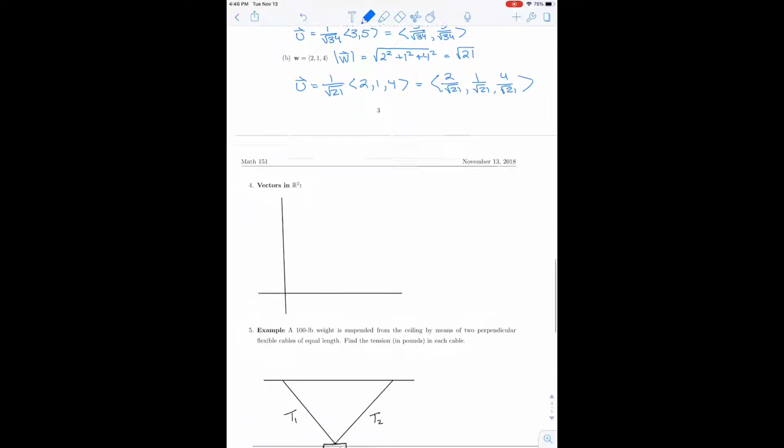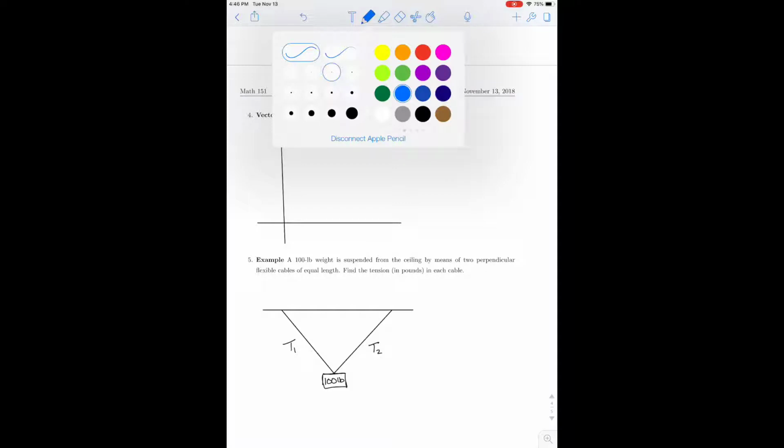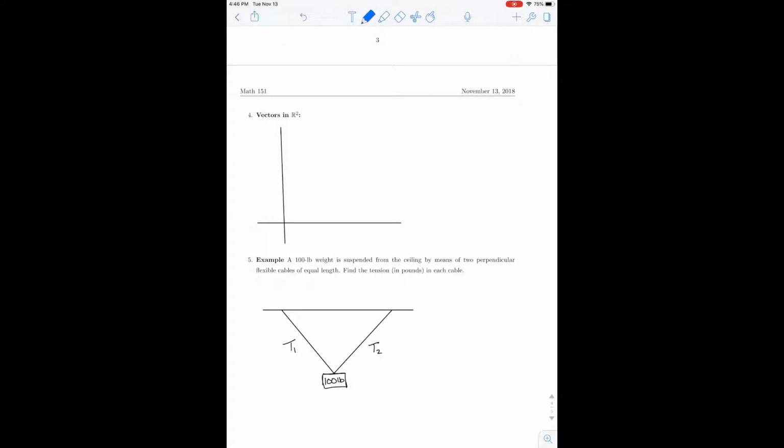Okay, now I want to talk a little bit about ways that we can look at vectors in the plane. So I'm going to draw a vector.